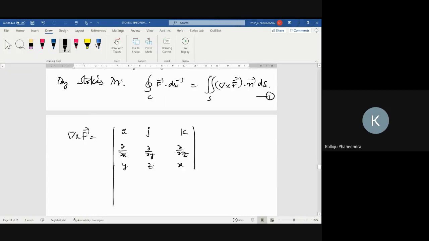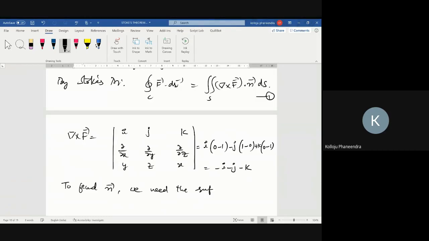That is equal to i into (0 minus 1), minus j into (1 minus 0), plus k into (0 minus 1). So minus i minus j minus k. This is del cross f bar. Now, to calculate n bar, this is important, to find n bar we need the surface.